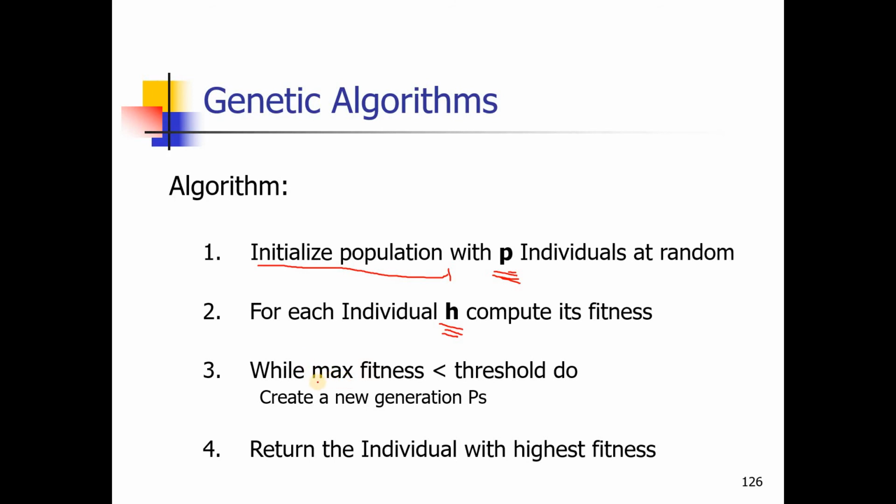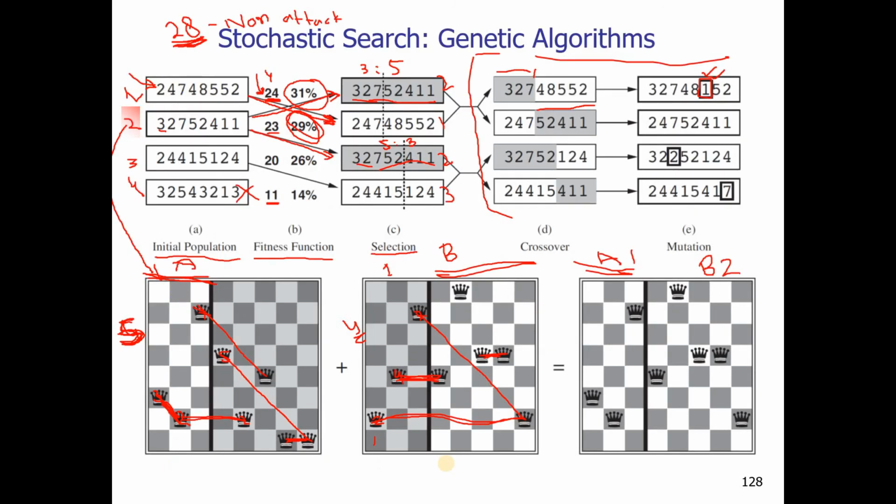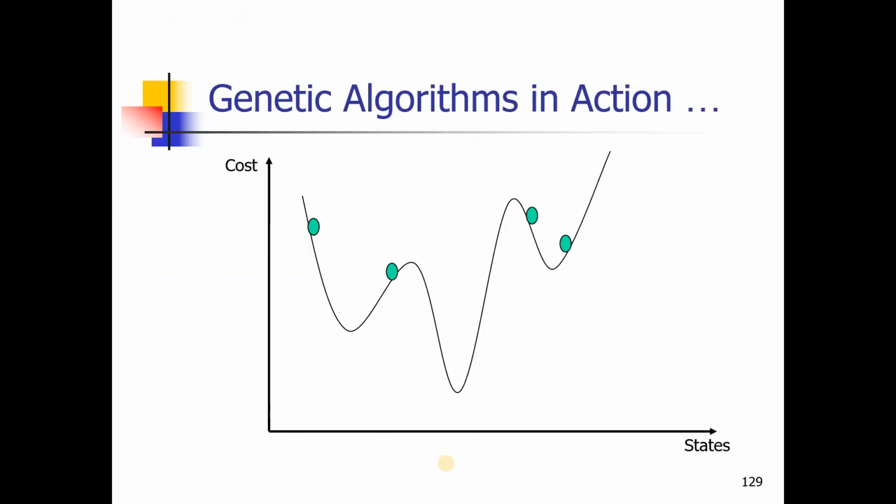While the fitness value is less than some threshold, we put new values inside the population p, and we keep on reproducing until the individual with the highest fitness comes out. There are some steps given here, leave this one. We have seen this in detail. Here is how it works.